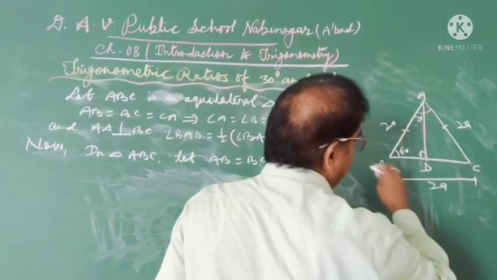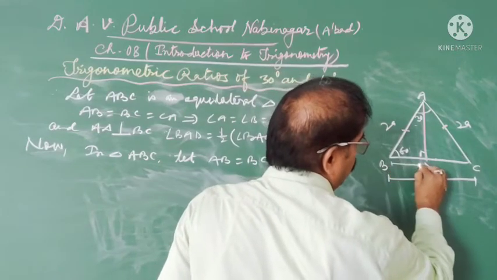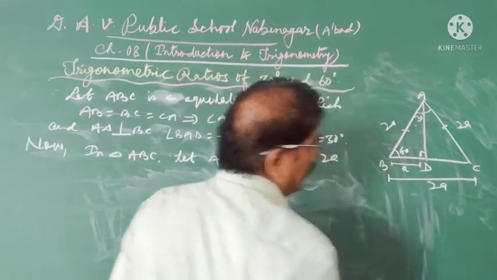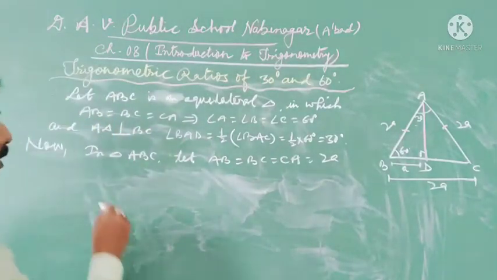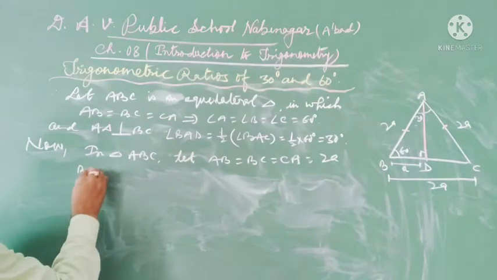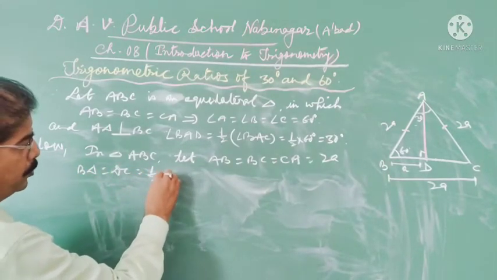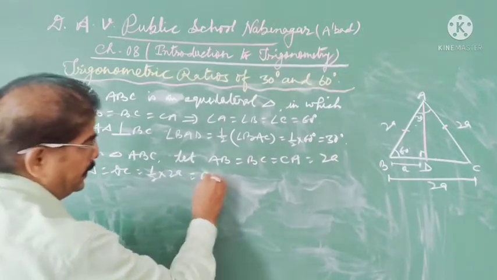AD bisects BC, that means BD equal to DC equal to 1 by 2 of 2a, that is a.